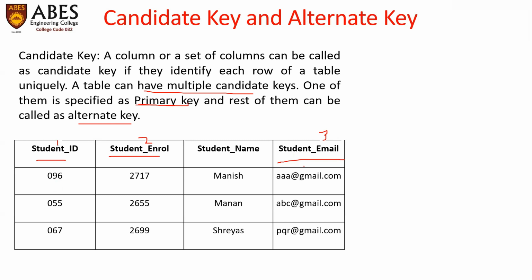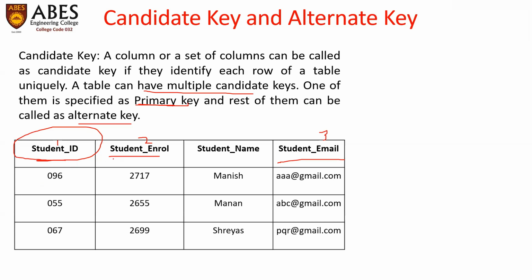The email of a student can change. So we will choose the key as the primary key, whichever is the most appropriate. So we will choose over here student ID because student ID will remain consistent throughout the time the student studies in a course. So this we are making the primary key.